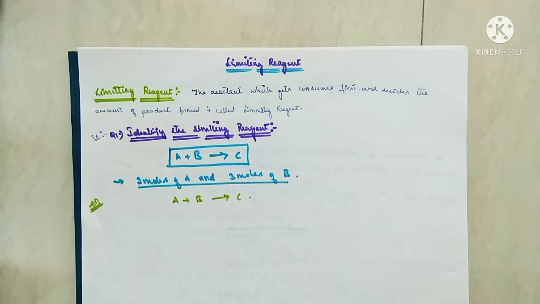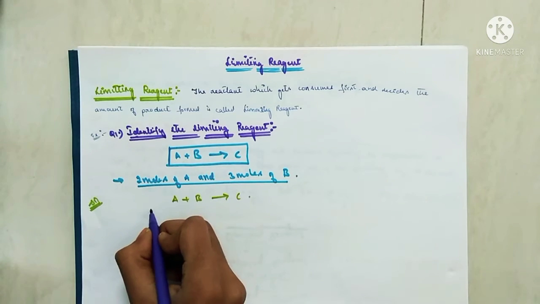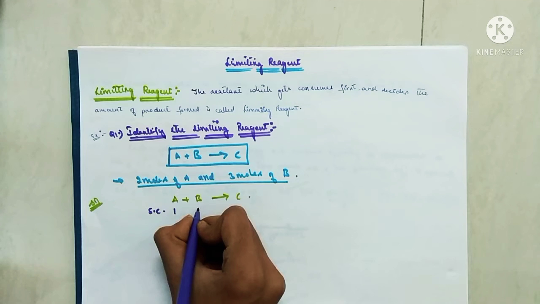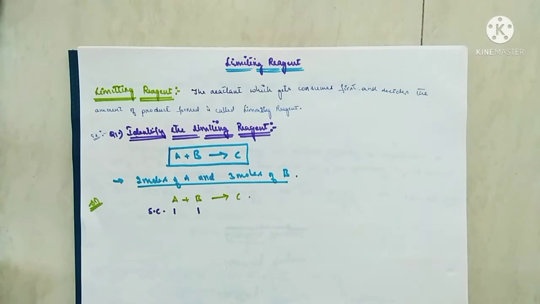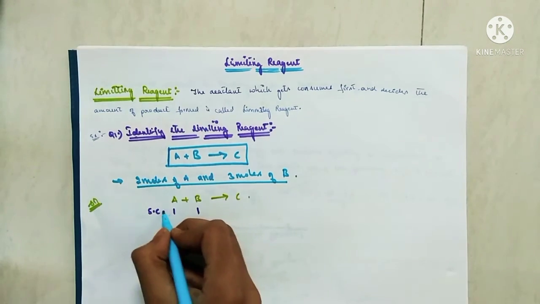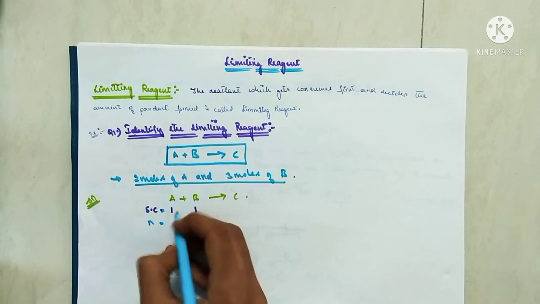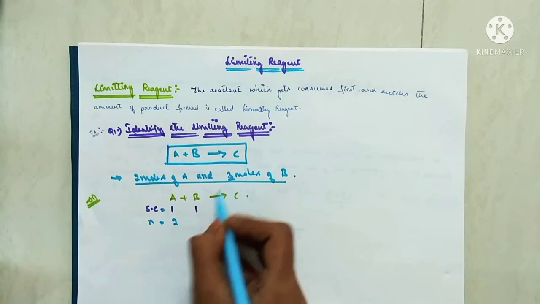It is 1, and here also 1. And the given number of moles of A is 2. Let us write it: n is 2 moles of A and 3 moles of B.